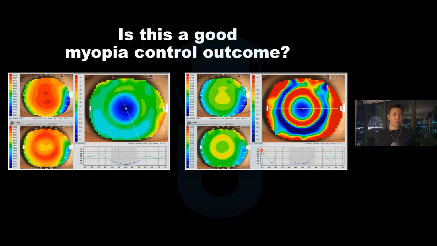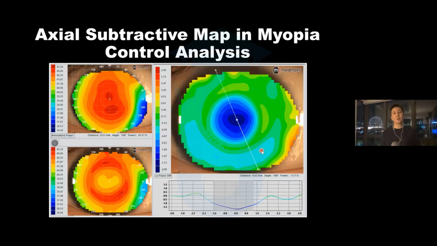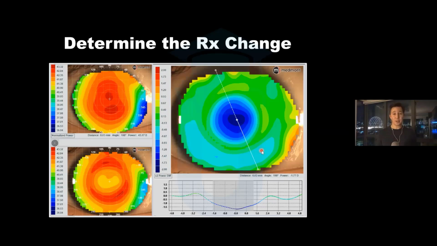Well, what would we look at to determine if we have an ideal topographical shape to slow down the eye growth? Well, let's go back to the axial subtractive map. That's the key for understanding whether we've created an ideal treatment for the kids.